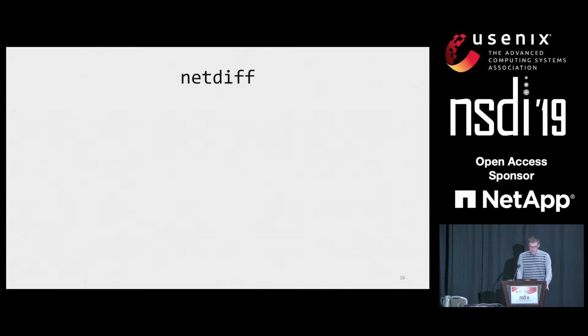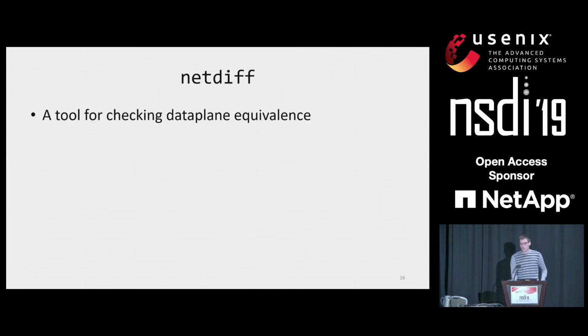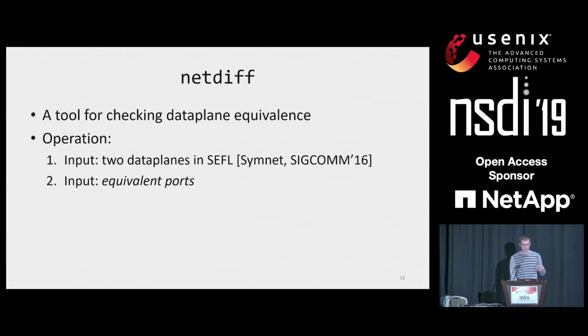So now I'm going to show you netdiff, which is our tool for checking data plane equivalence. And how it works is, well, you first of all get 2 data planes in SEFL language. SEFL language is basically the backing language of SymNet, a symbolic network execution engine, which was presented by my colleagues at SIGCOMM 16.